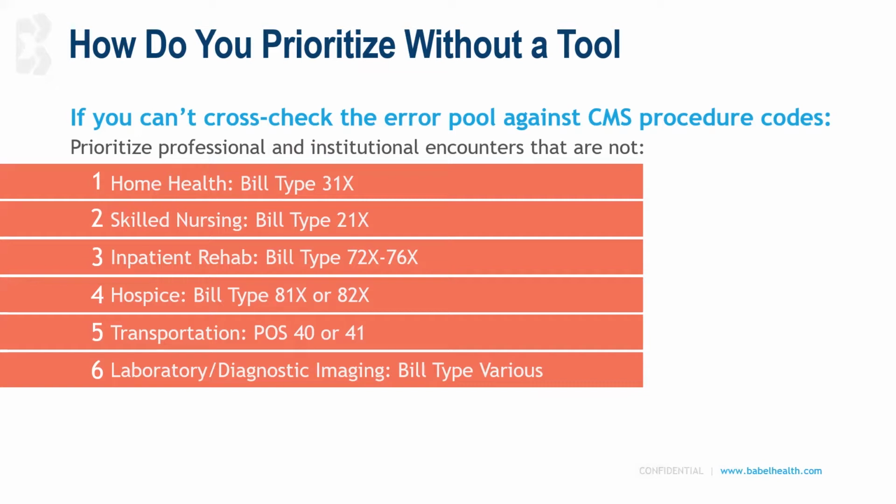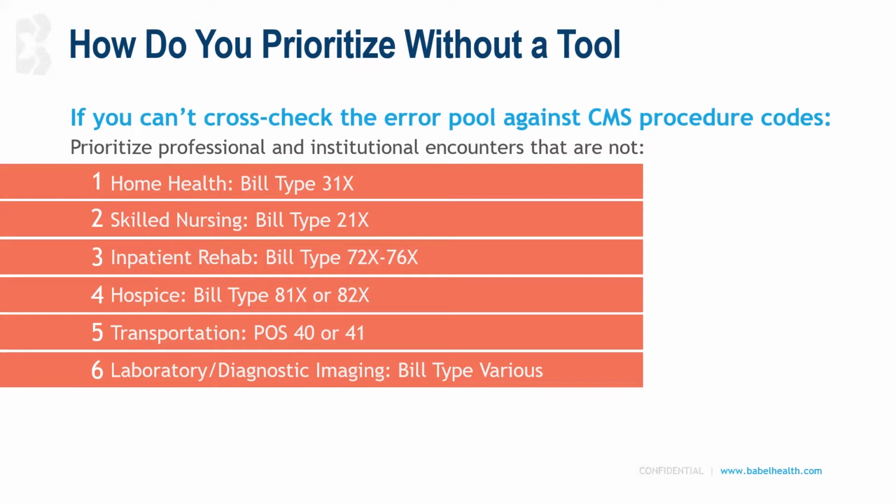Institutional home health, skilled nursing, inpatient rehab, and hospice are all reimbursed through different programs with CMS and aren't usually incorporated into your risk.